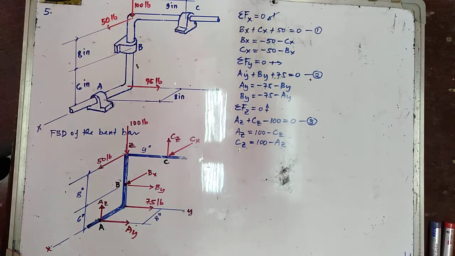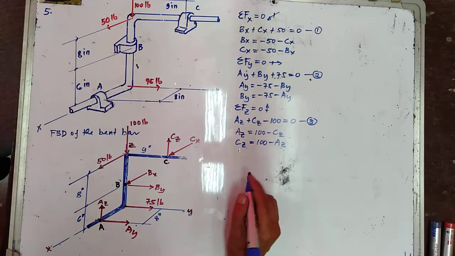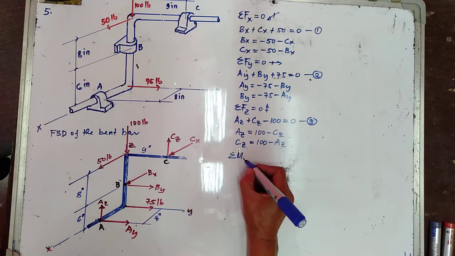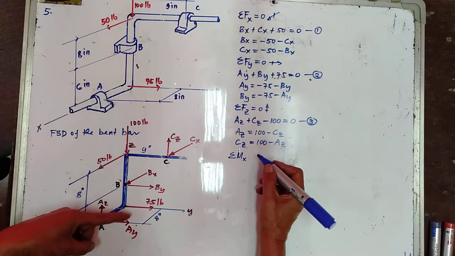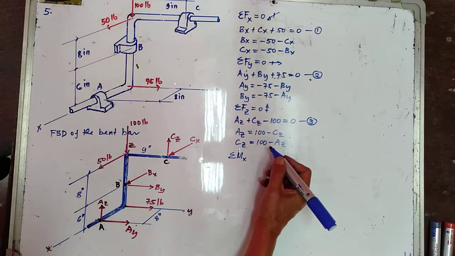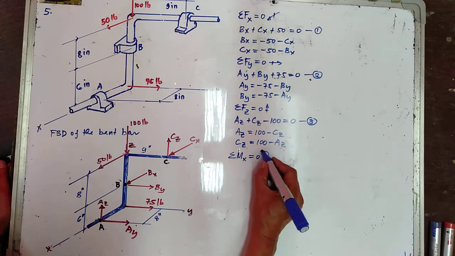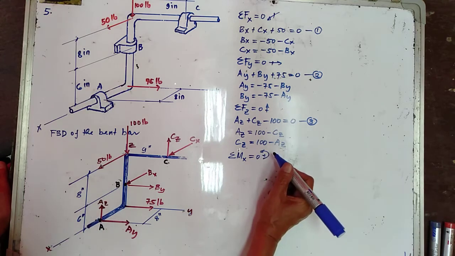Now, let us try to get now moment about the x-axis. So, summation of moment about the x-axis. So, this is your x-axis. Let us consider counterclockwise moment positive.